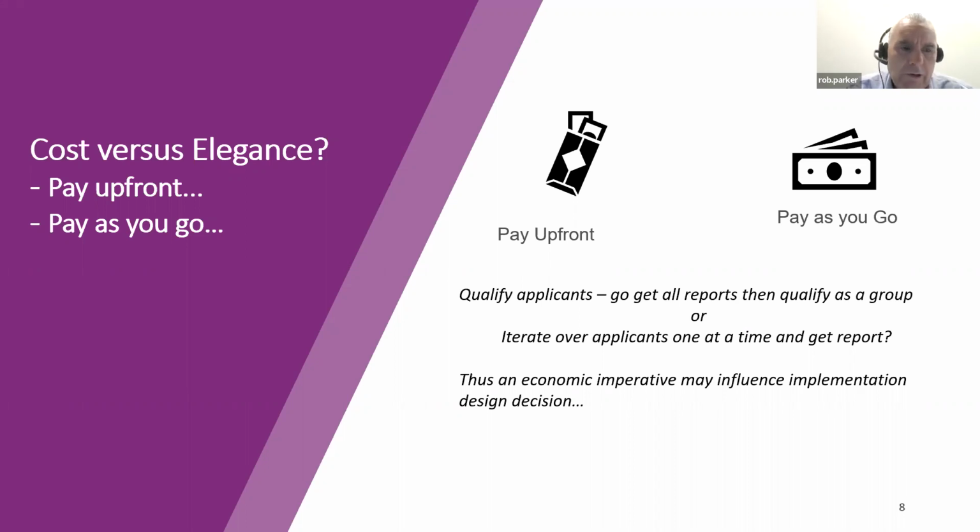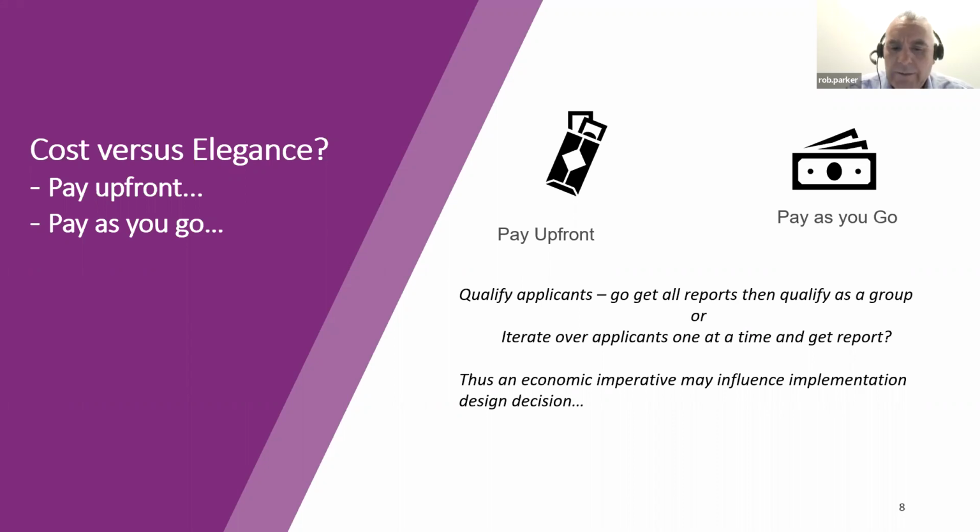Well, one is what I call the pay up front model, which is effectively go and fetch all of the credit reports and pay for everyone, and then get the client side to iterate over each credit report one at a time. The alternate model is what I'll call pay as you go.